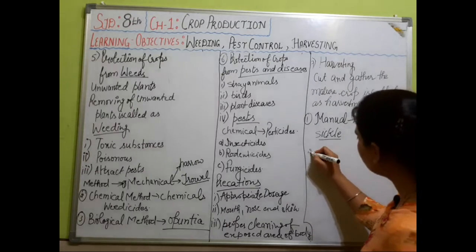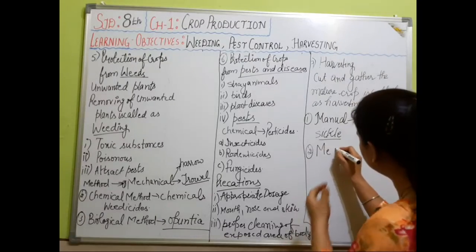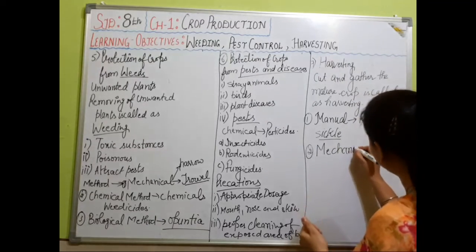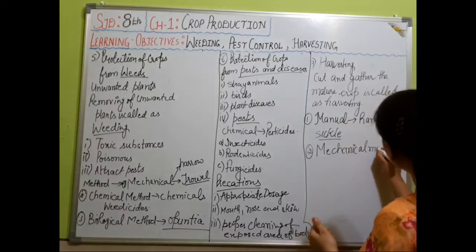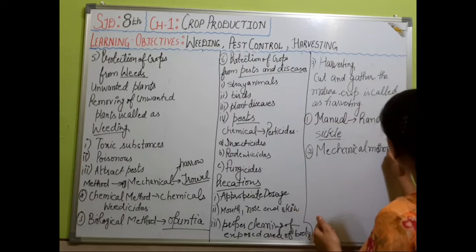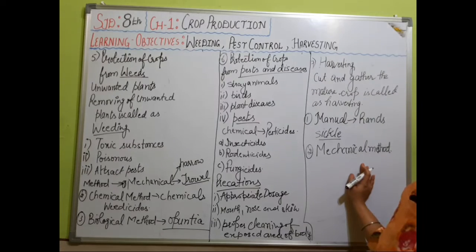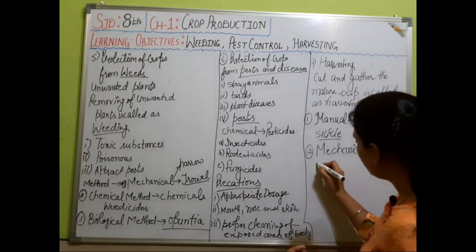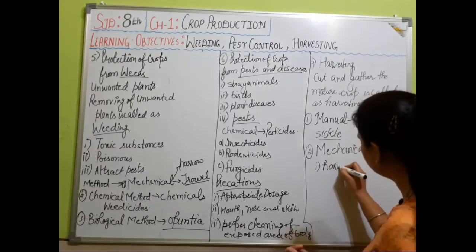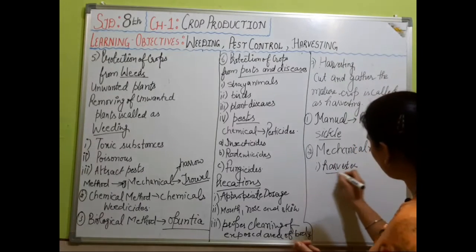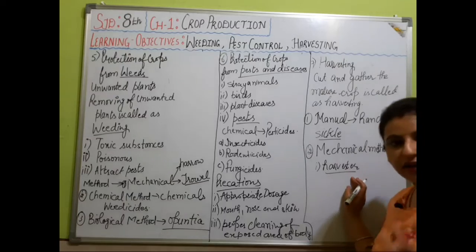Okay, and the second method is the mechanical method. In this mechanical method we can go for some complex machines like the harvester, and this harvester just cuts the crops.